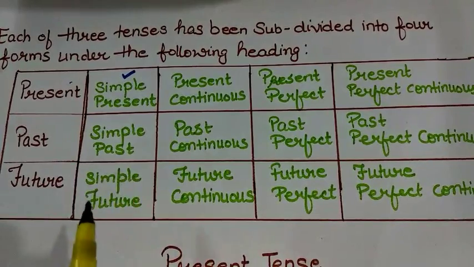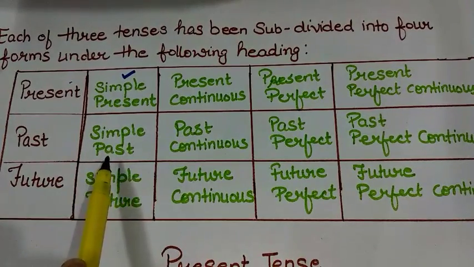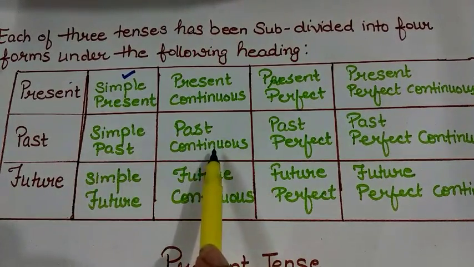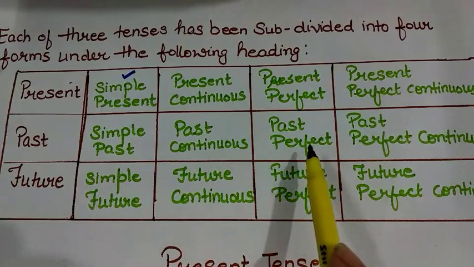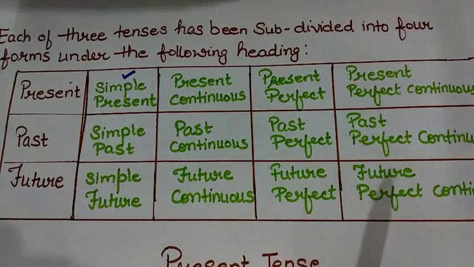Similarly, in past also, we have simple past, then past continuous, past perfect and past perfect continuous. And in future, we have simple future, future continuous, future perfect and future perfect continuous.